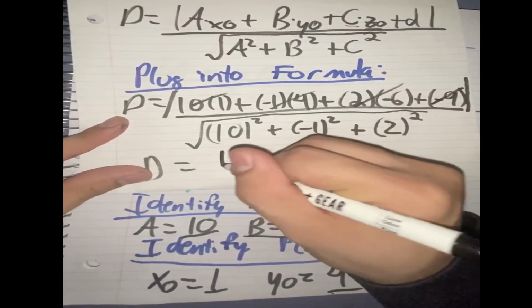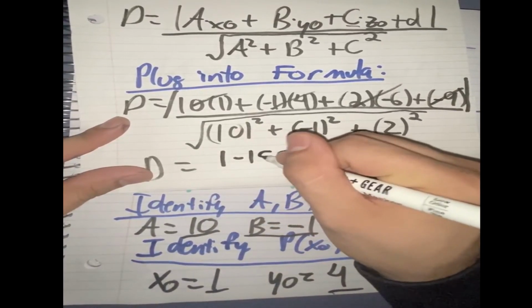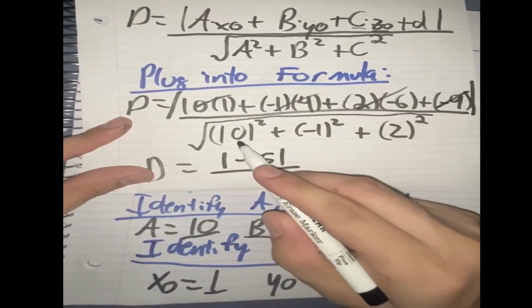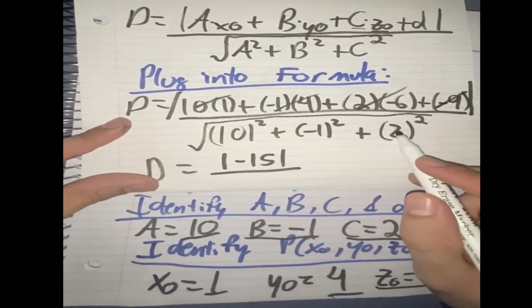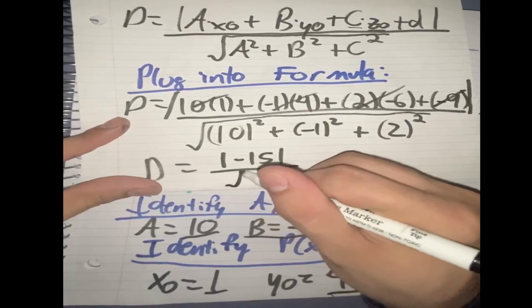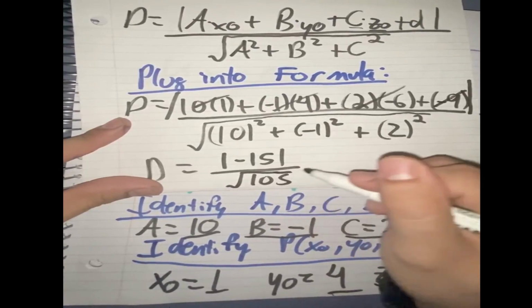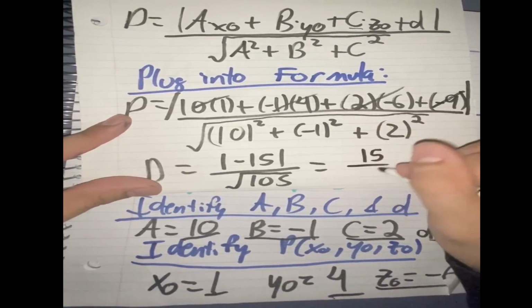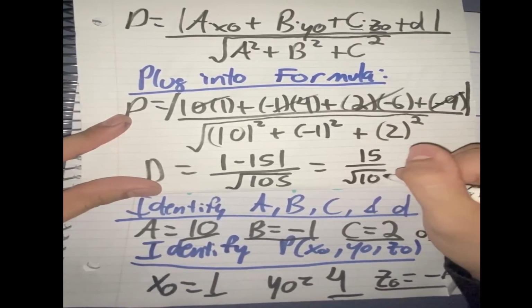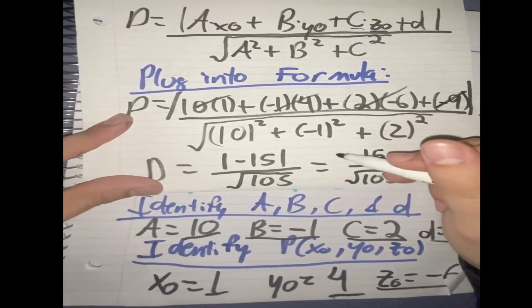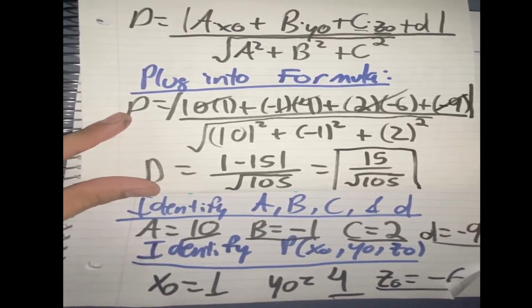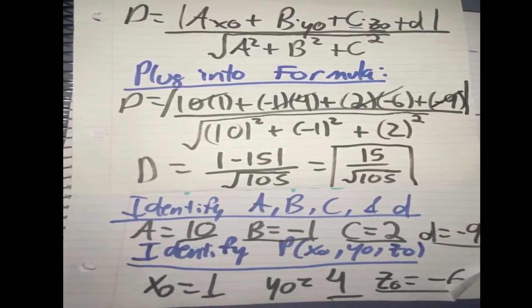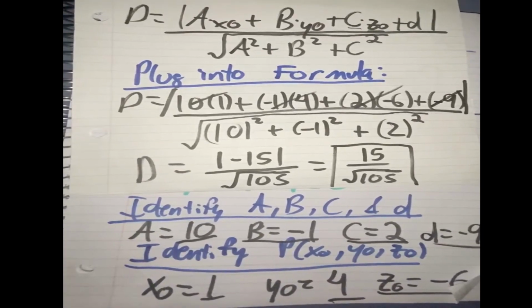But we have absolute value, divided by the square root of 10 squared plus 1 squared plus 2 squared, so it's the square root of 105. And this answer comes out to be 15 divided by the square root of 105. And if you want to radicalize this a step further, you can. I'm not going to, because I think the purpose was served.